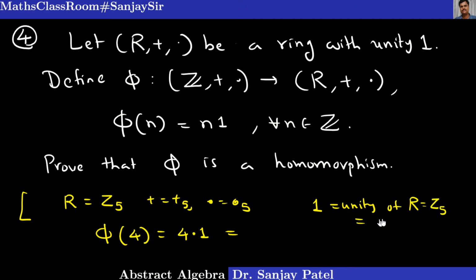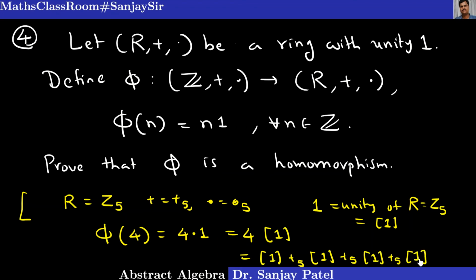So this unity is actually class 1. So I can write it as 4 times class 1. This 4 is an integer, and 4 times class 1 means class 1 plus class 1, where plus is the operation of addition modulo 5, taken 4 times. So this is the meaning actually.